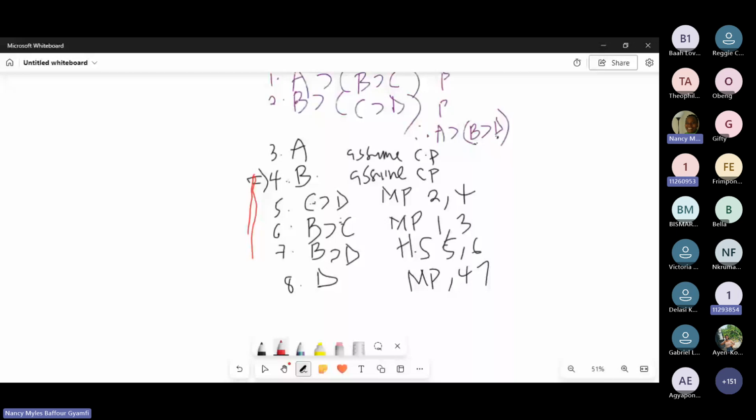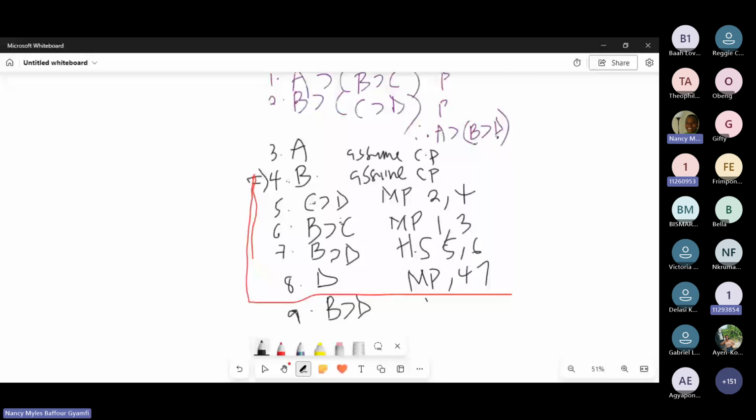And come and close it like this and say we can now do 9. And say 9 is B conditional D. Very good. It is CP.